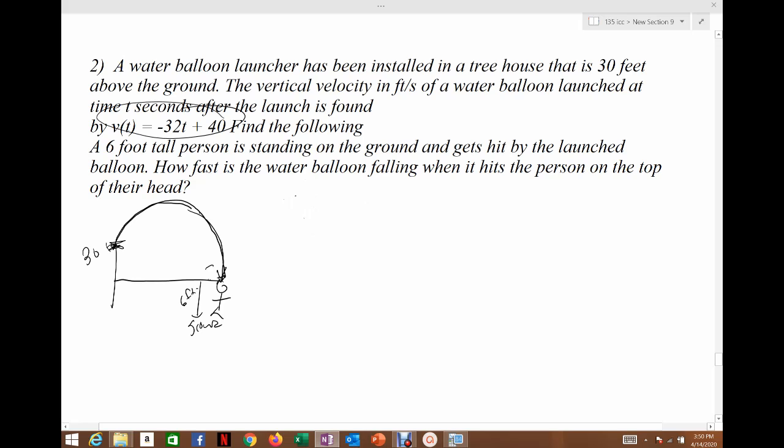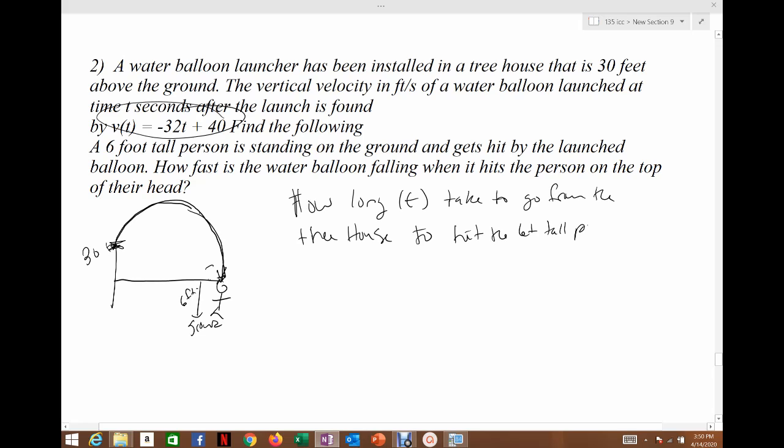So the first question we need to answer is, how long does it take? What is the time it takes to go from the launch, which is in the treehouse, to hit the 6-foot tall person?